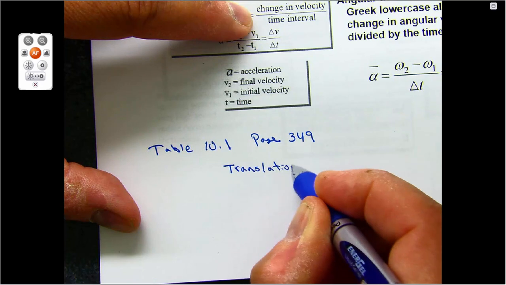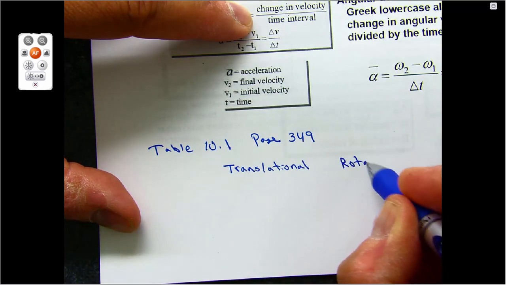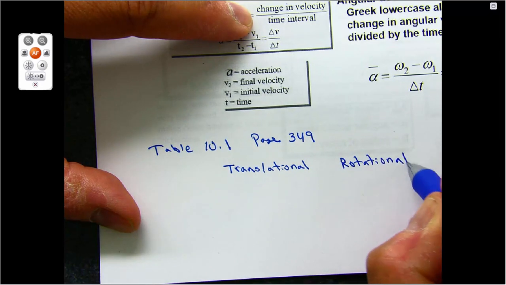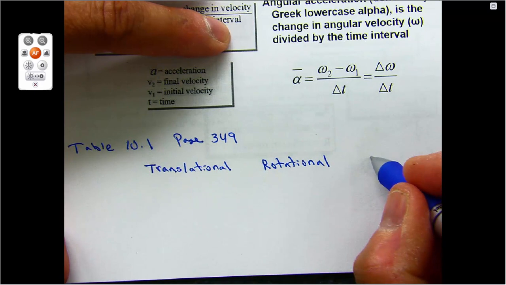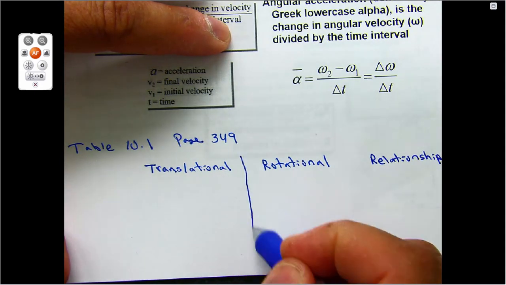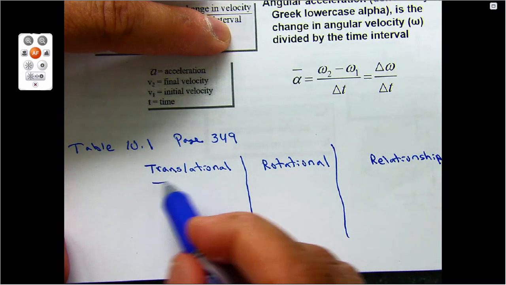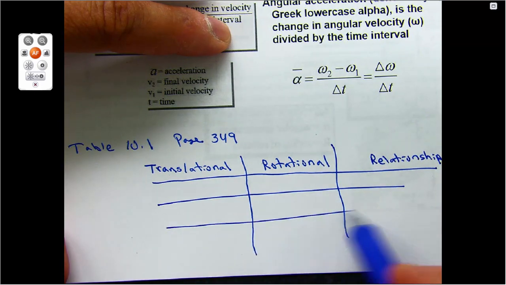Translational motion, rotational motion, and relationship. Here we go. We need 1, 2, 3.